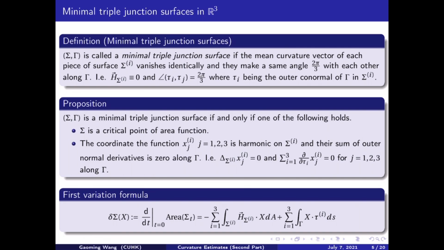In the first part, we already know the mean curvature vector vanishes if and only if the coordinate function is harmonic on the surface. Besides that, noting the partial derivative along γ of the position vector is just τ itself, the sum of outer conormal derivatives of the coordinate function equal to 0 is just equivalent to the sum of τ_i being 0. So these two definitions are equivalent.